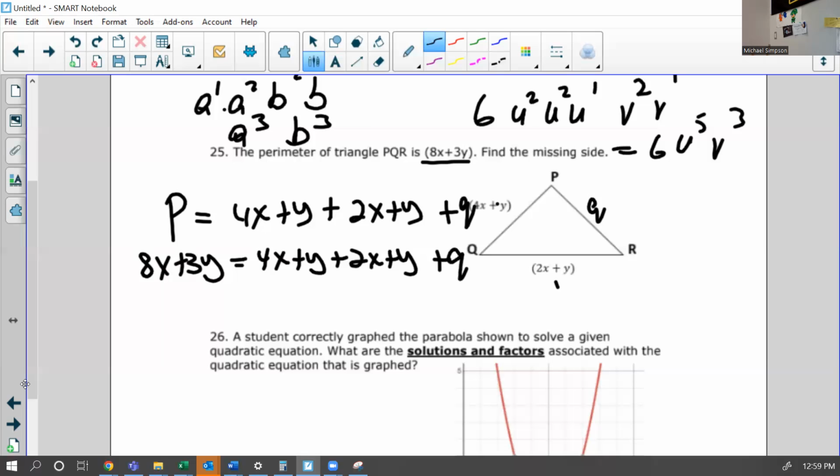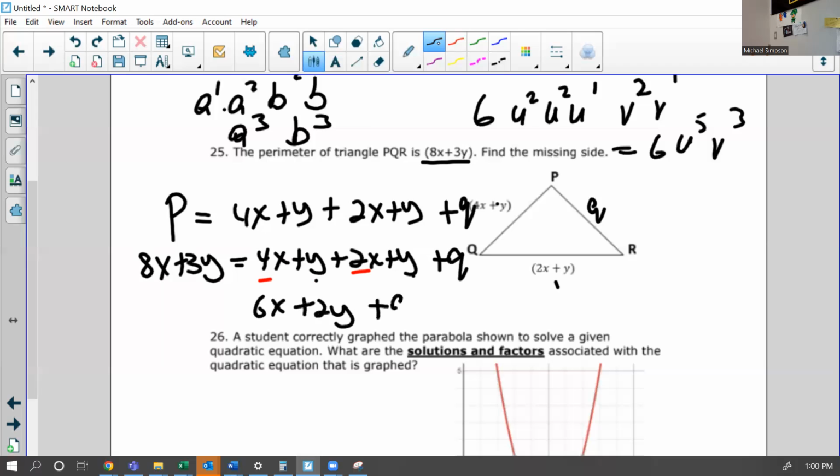And from here, guys, this is a simple grouping of like terms, and then finding q. So here on the left side, we have a 4x and a 2x. That gives me a 6x. And for the y, I have a 1y here and a 1y there. So that's plus 2y.